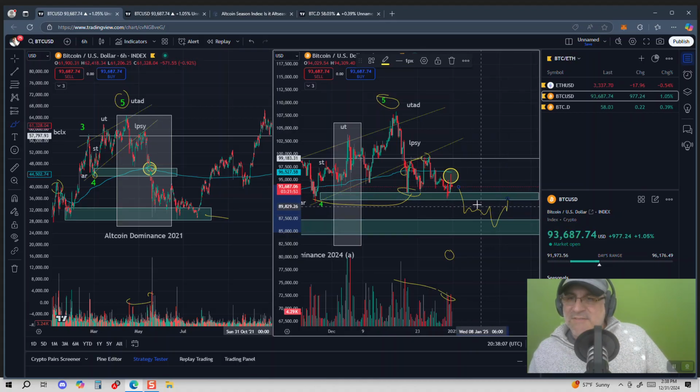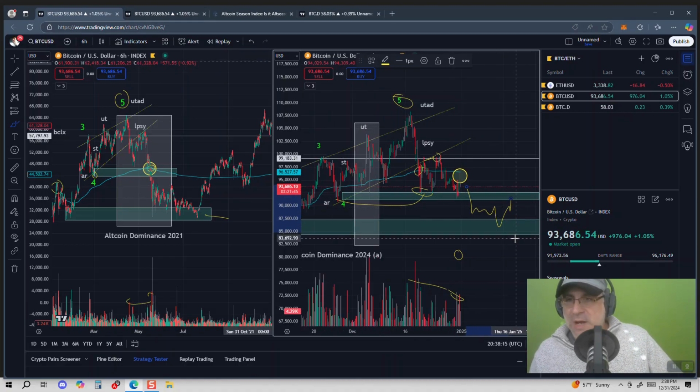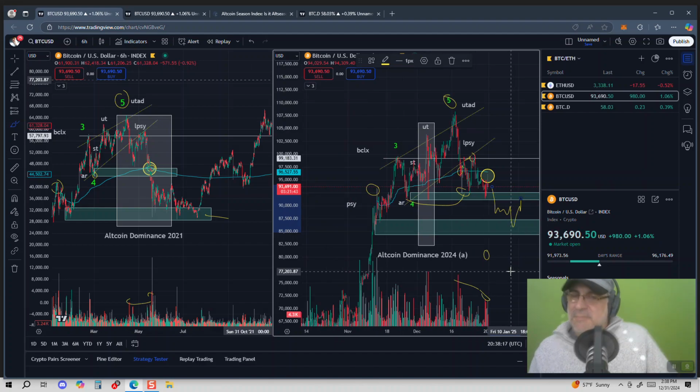And then if this chart jives with the charts that we've just seen, then we can expect the altcoins to rally, all the altcoins that we've been waiting for. So that's what I'm looking at. That's what I think is going to happen.